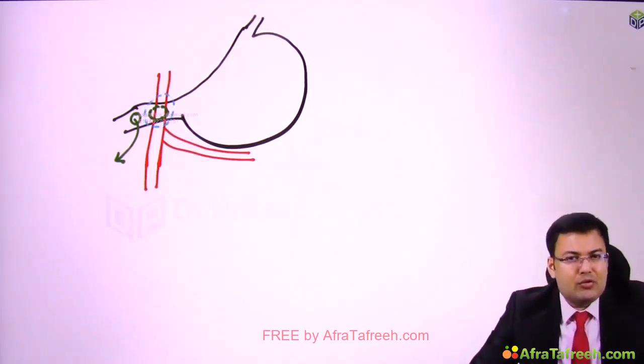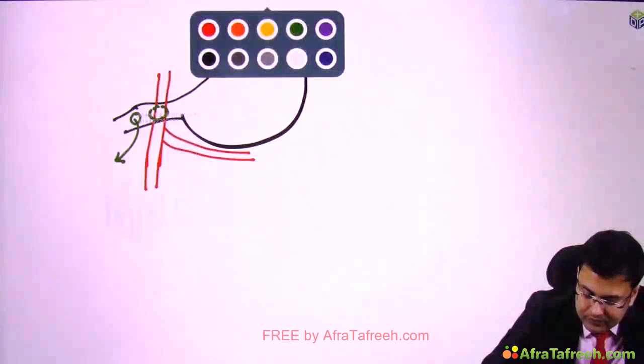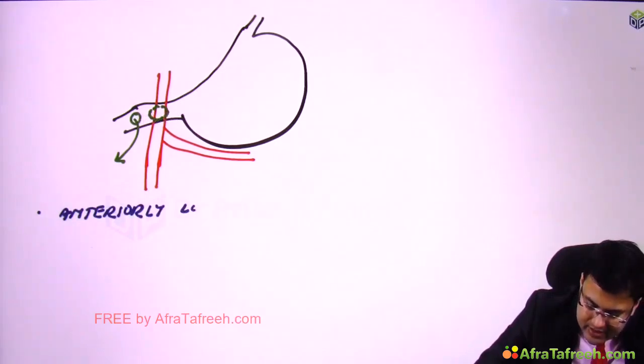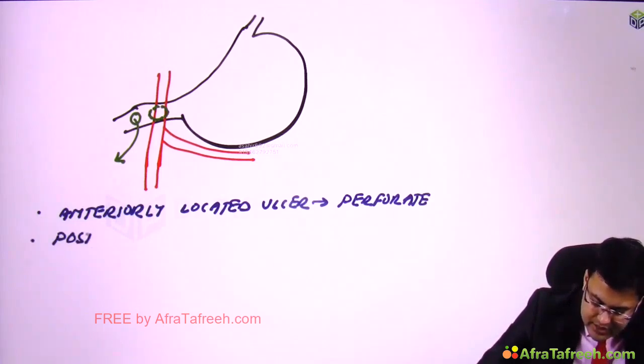Question: if posteriorly located ulcers bleed, what is the most commonly involved artery in bleeding duodenal ulcer? It is the gastroduodenal artery. So two statements. First, anteriorly located ulcers perforate, and posteriorly located ulcers bleed.